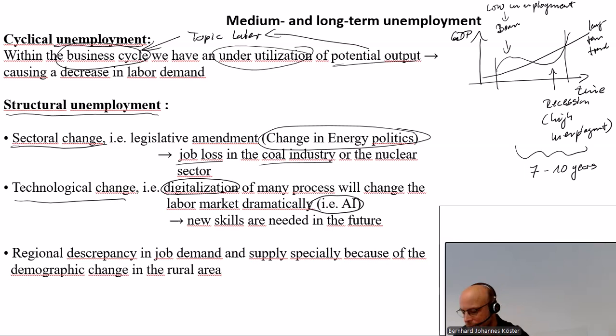And the last one is sometimes, if we look at different regions, especially in Germany, there we have a discrepancy between demand and supply. So in some areas in Germany, there are living mostly old people.